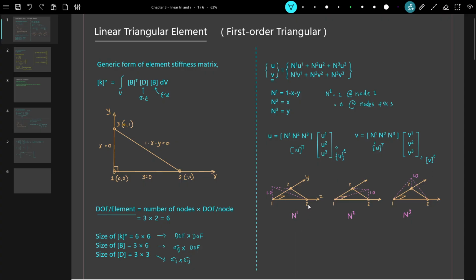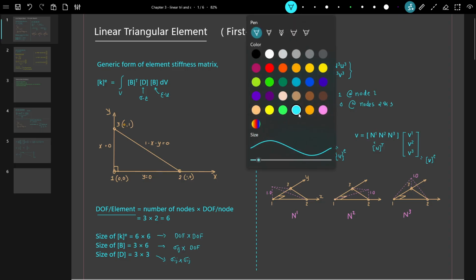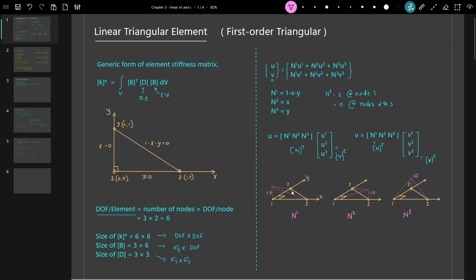And this is a graphical representation of shape functions. So this is my x-axis and y-axis. This is the same element, but we are just changing our viewing direction so that we can draw the shape function, which is in this pink color. So this is a perpendicular axis, y and x. You can imagine how it looks.